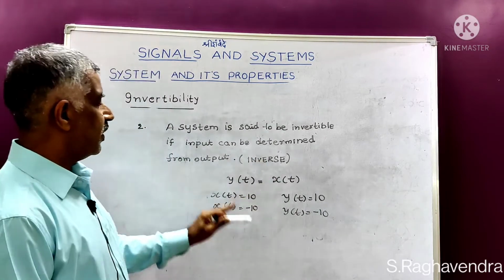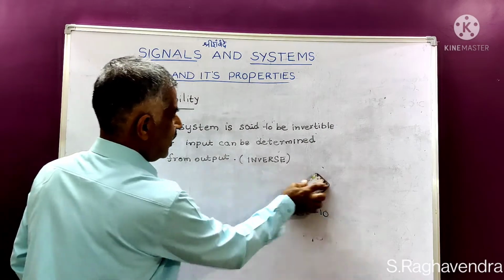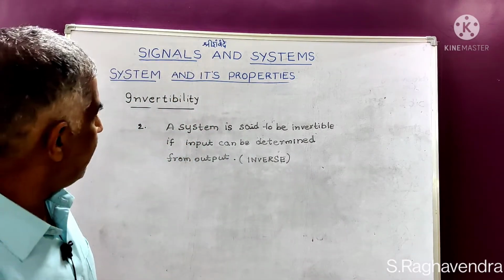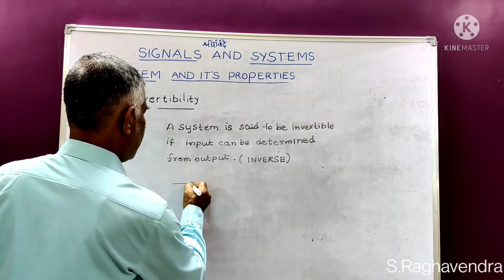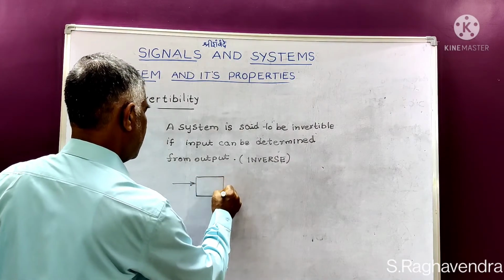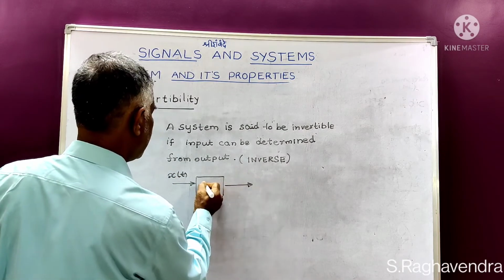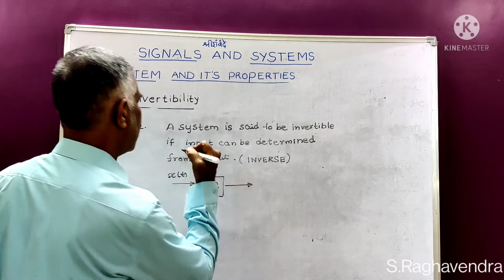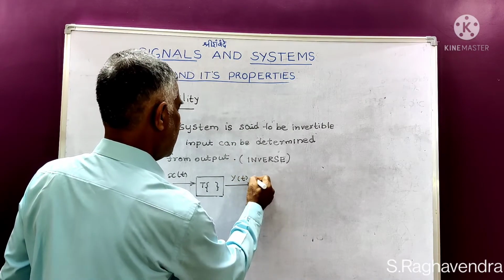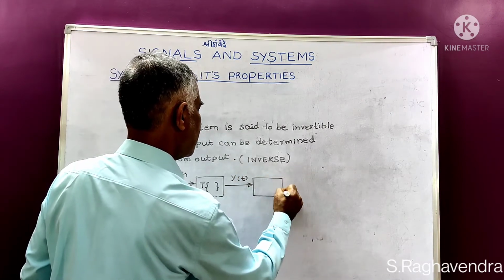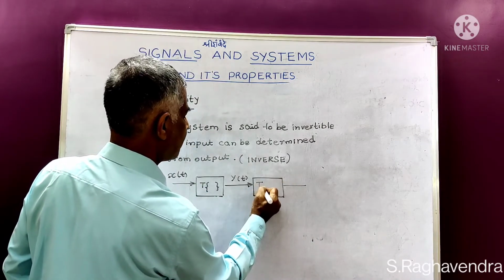Now, having understood the invertible and non-invertible system, the second definition is based on the concept of inverse. This is x of t, there is a transformation on the signal, and here we are getting the output. This is what is called the inverse of a system.